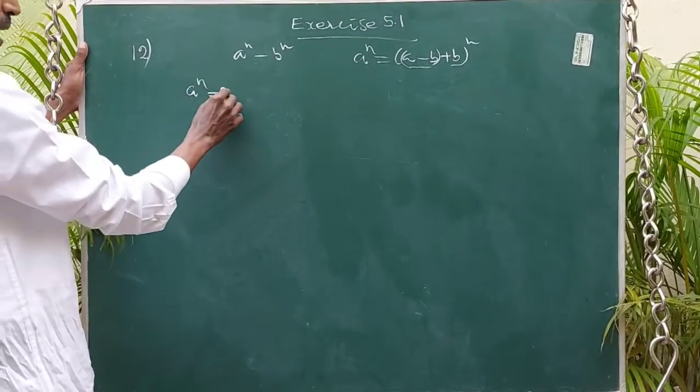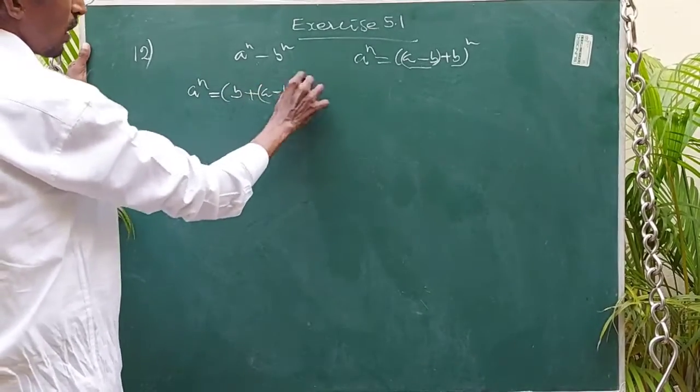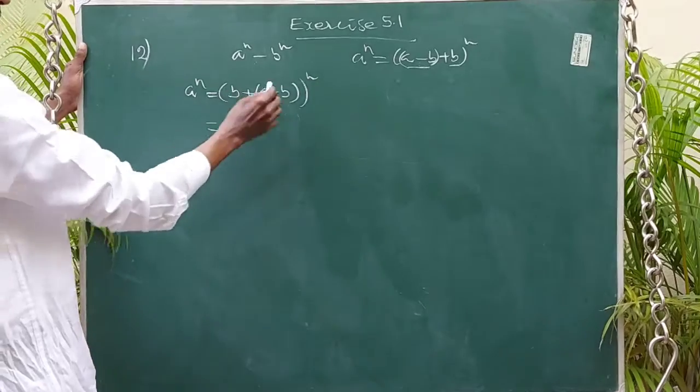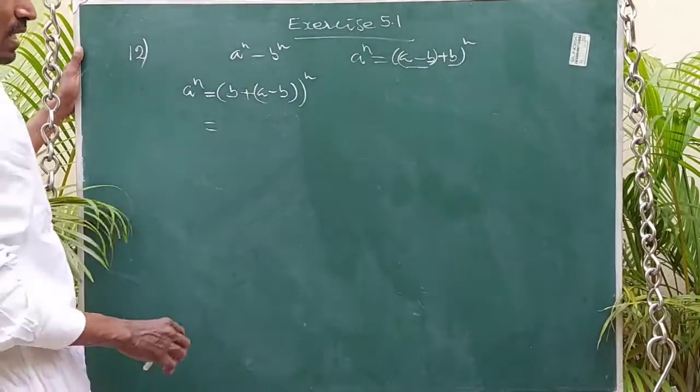We have to write a power n as b plus a minus b, the whole power n. Minus b and plus b gives 0, so we are getting a power n. Now apply the binomial theorem.